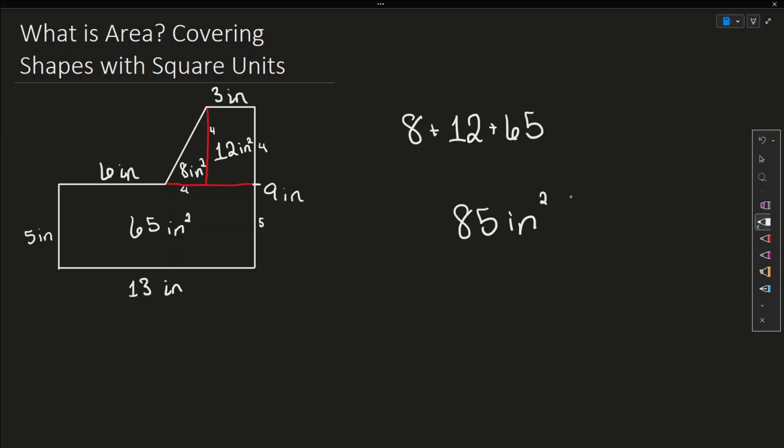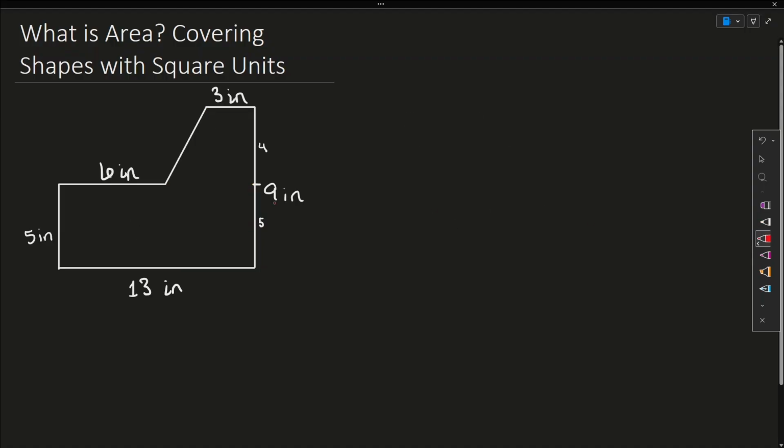It's also important to know this is not the only way to do this problem. This same shape could also be broken apart in a different way, perhaps into different rectangles and a triangle. I could have drawn a line here, here, and here.